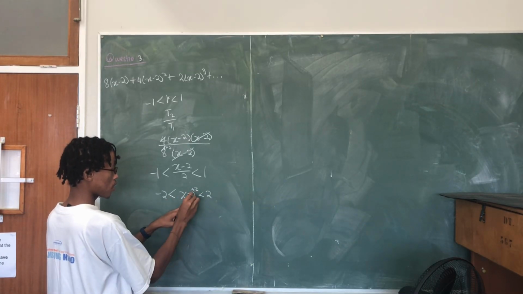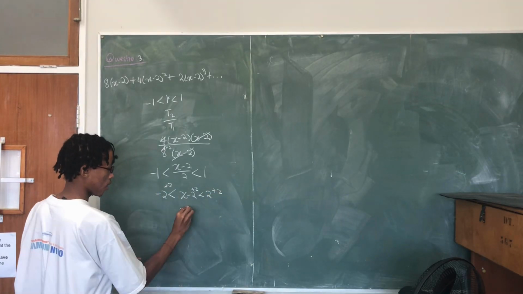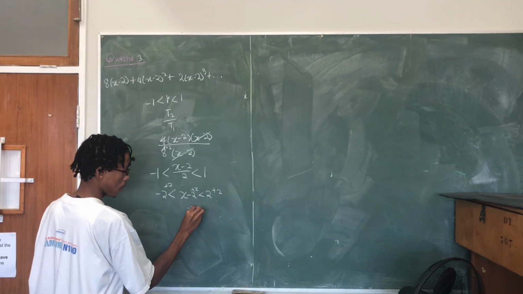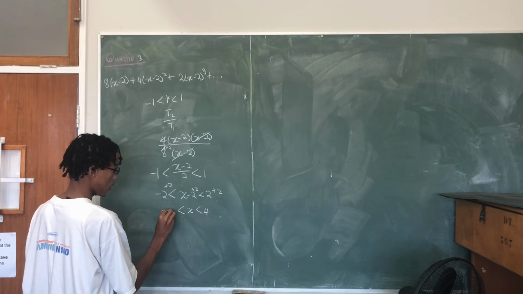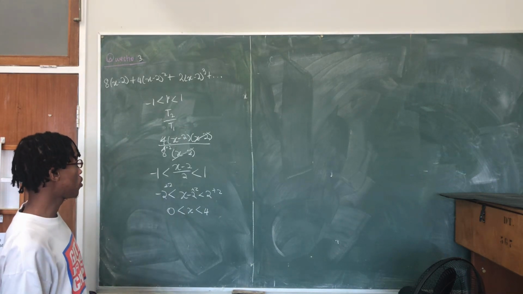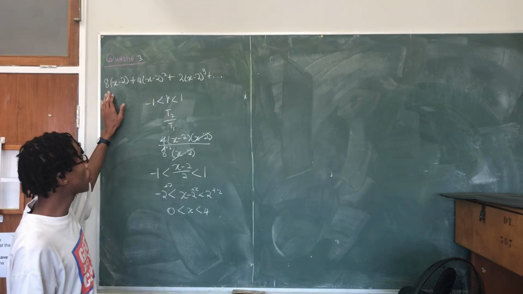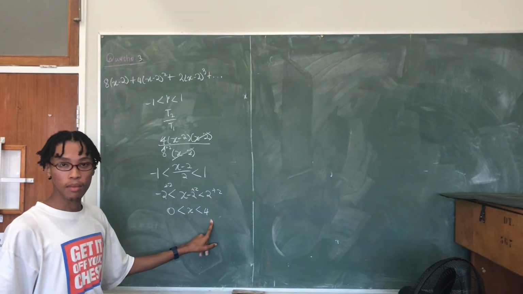By adding 2 on this side, we also have to do it on this side, so that we're left with x is less than positive 4, but greater than 0, because negative 2 plus 2 is going to give you 0. So the series will only converge if the x values are between 0 and positive 4.